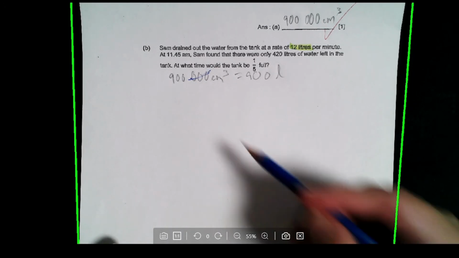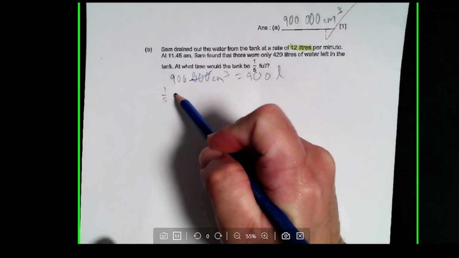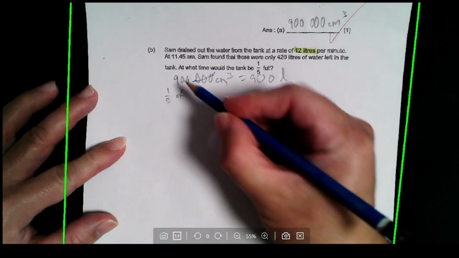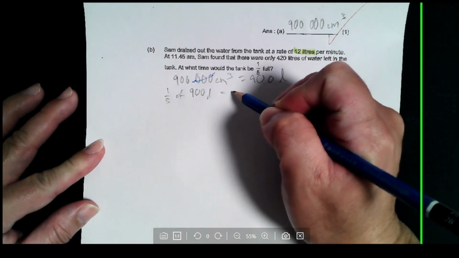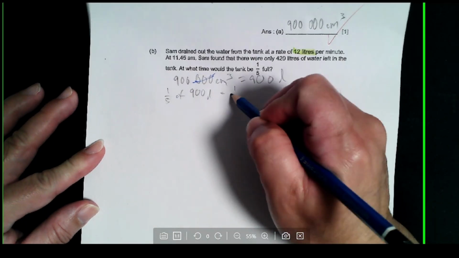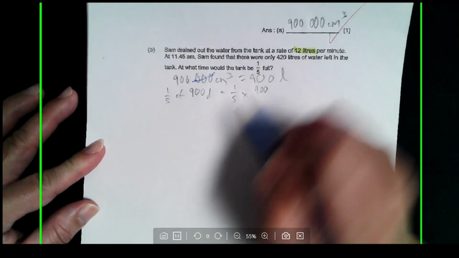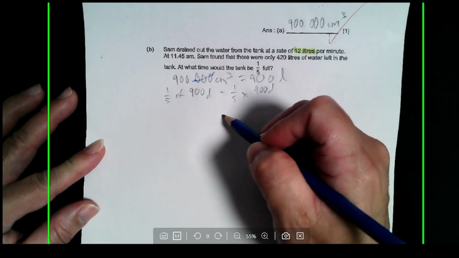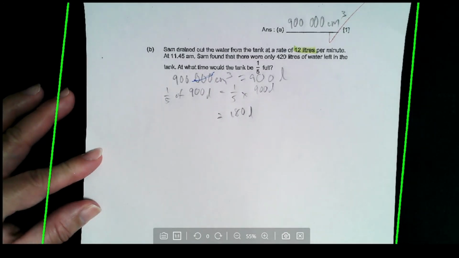Let's find out. 1/5 of 900 liters. Of is always times, so 1/5 times 900 liters equals 180 liters.